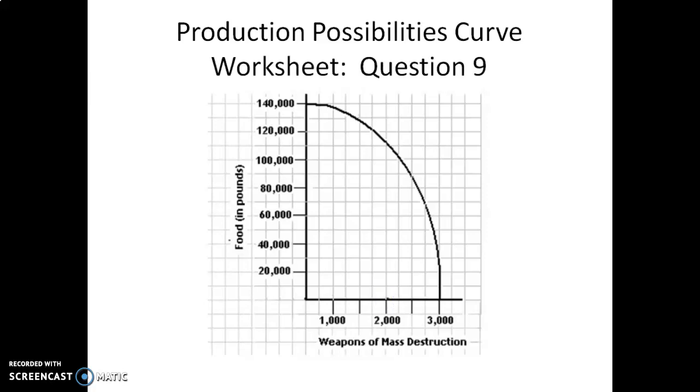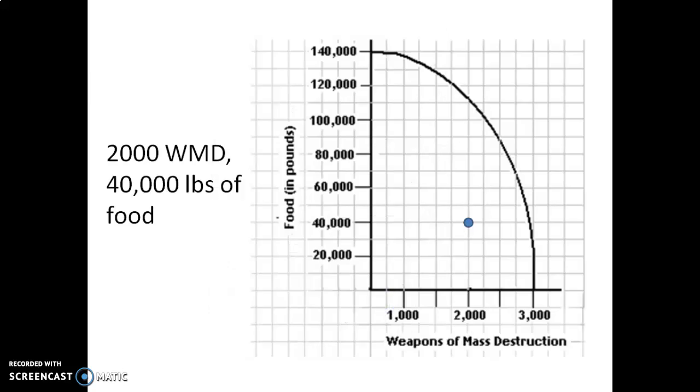Okay, and we're going to go in question number 9 in some detail here. So here's the production possibilities curve again. And we start off on question number 9 saying that we have 2,000 weapons of mass destruction and 40,000 pounds of food. And that puts us where that blue dot is. Now notice that this dot is on the inside of the production possibilities curve.